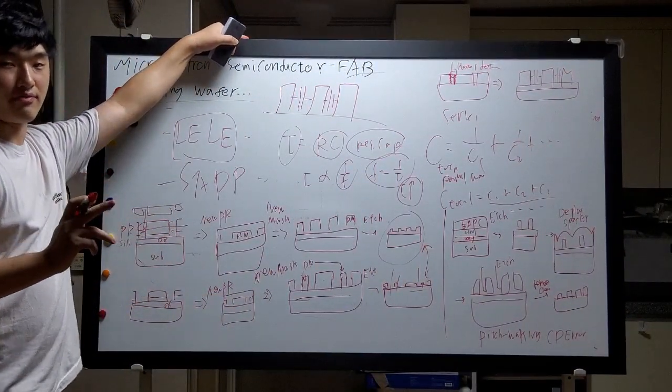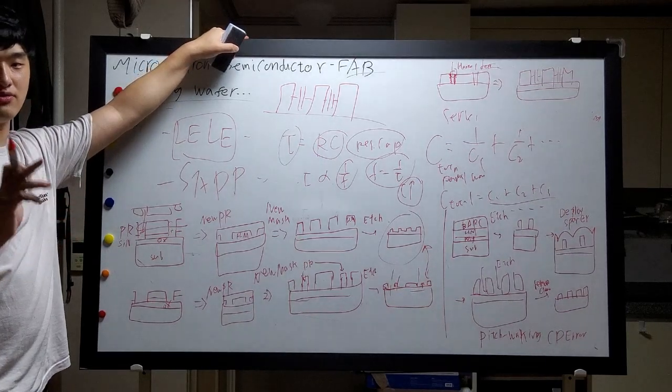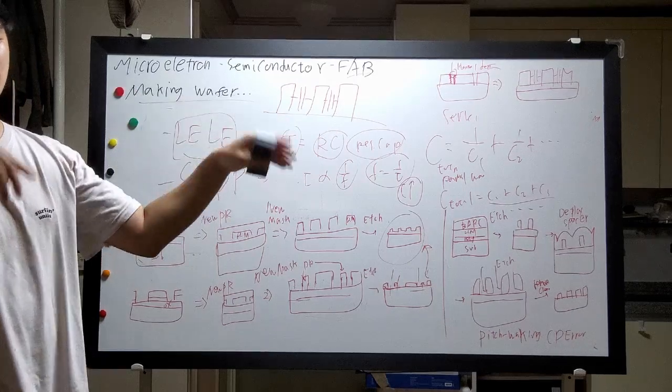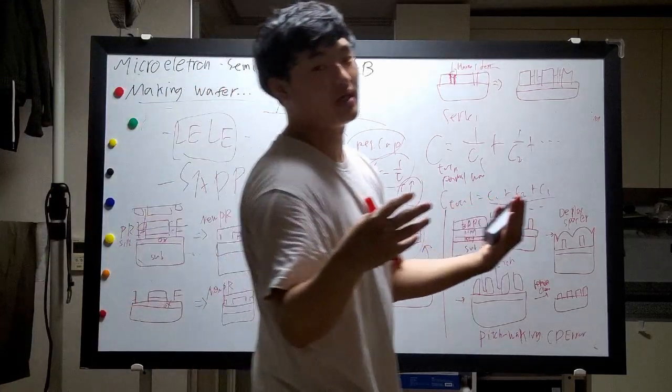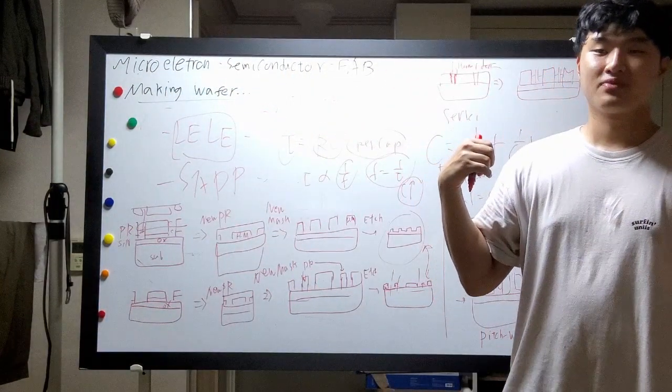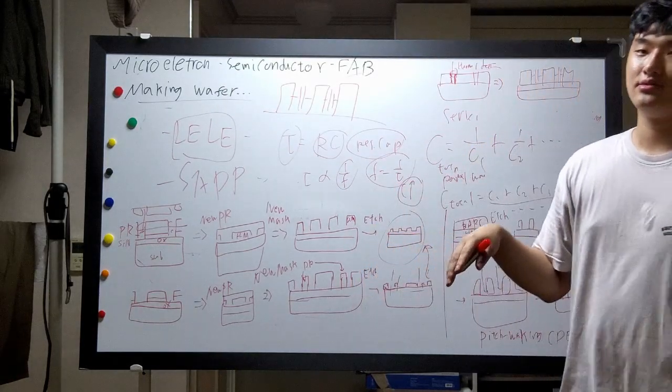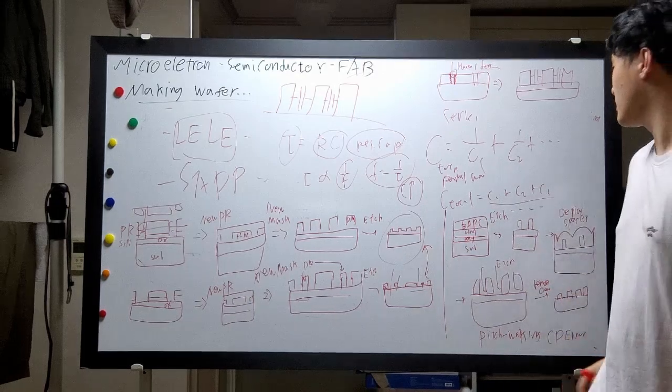So here are some problems. If the capacitance is not even and there is a very big difference between the capacitors, then the total capacitance will change unevenly, and the tau will change.